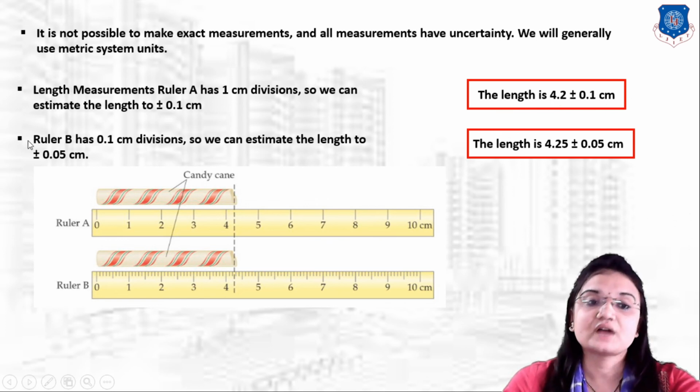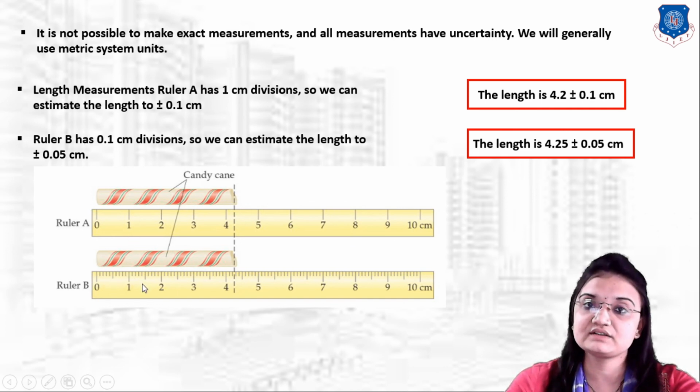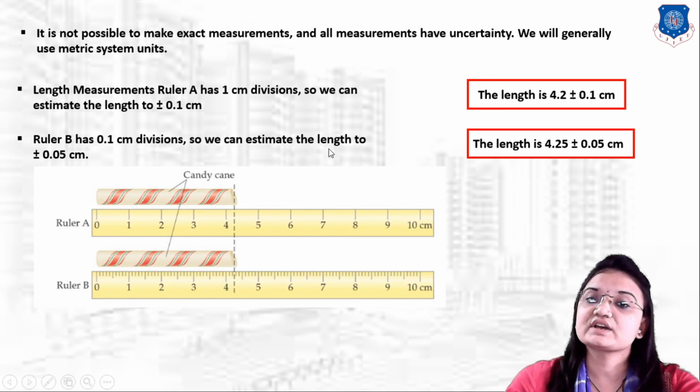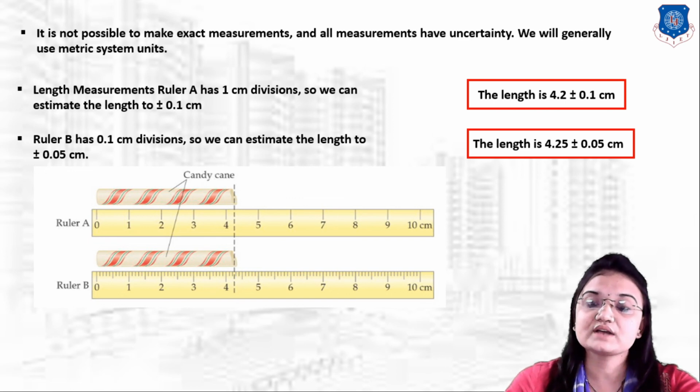Now ruler B already has 0.1 centimeter divisions. So we can estimate the length of the can: it is 4 point, and here 1, 2, that is 4.2, and then we estimate the rest as 0.05. So we estimate this length as 4.25, but we have doubt about plus or minus 0.05 centimeters.